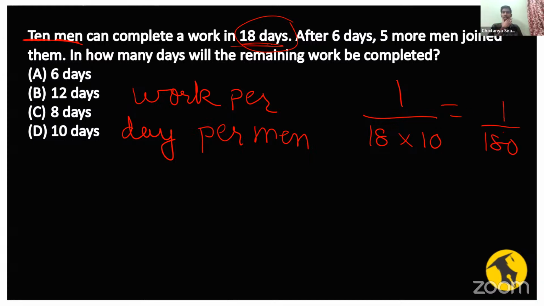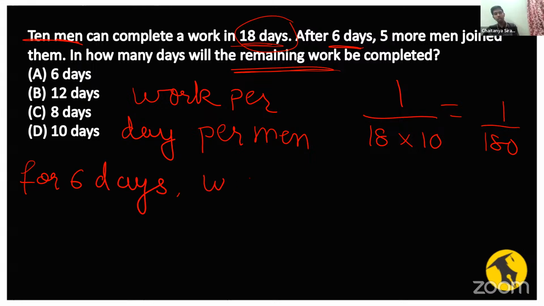After 6 days, 5 more men join them. In how many days will the remaining work be completed? So for 6 days, I have this efficiency. Work is efficiency into number of men working into number of days.